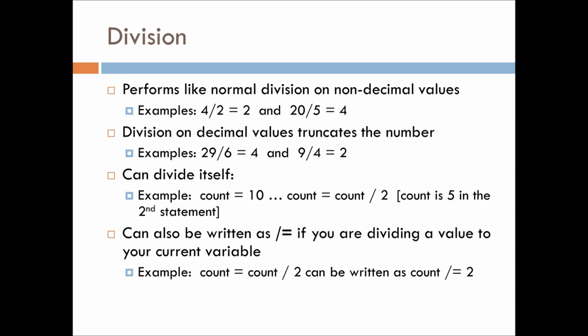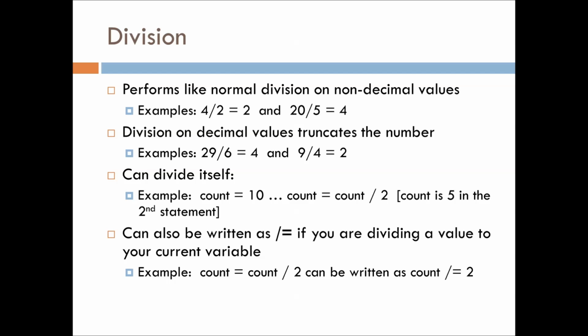Alright, so division is where things get a little bit more complicated in integers, because you don't have any remainders in integers. So for division that there's no remainder, the result's the same. 4 divided by 2 is 2, 20 divided by 5 is 4, and so forth.